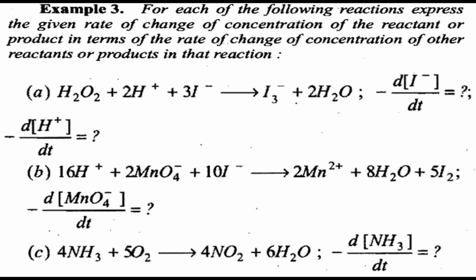The next problem is: for each of the following reactions, express the given rate of change of concentration of the reactant or product in terms of the rate of change of concentration of other reactants or products in that reaction.